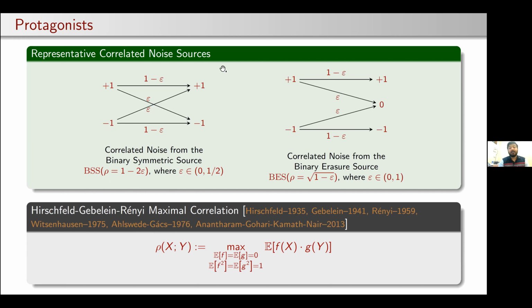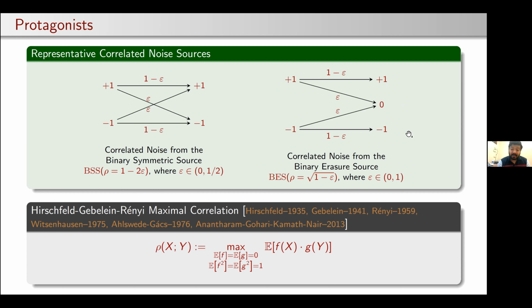The second correlated noise that we will study is the noise generated from a binary erasure source. So again, Alice receives a random bit +1 or -1. With probability 1 minus epsilon, Bob receives the bit that Alice received. Otherwise, the bit is erased.